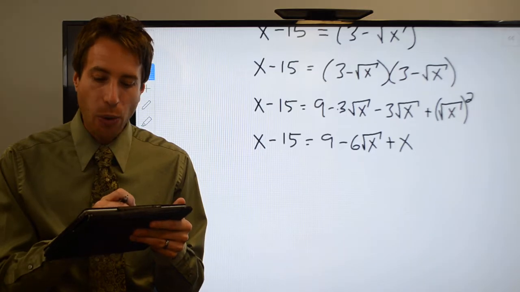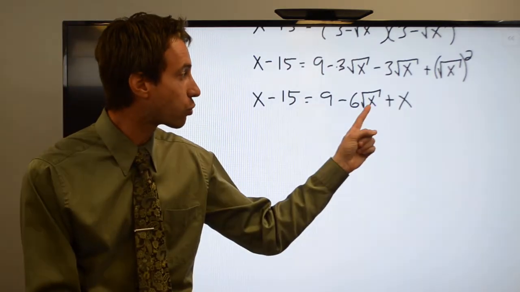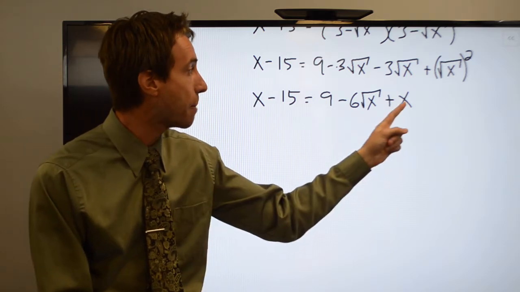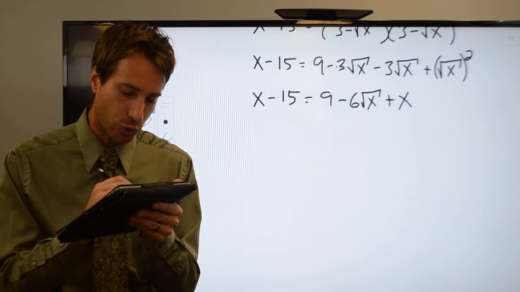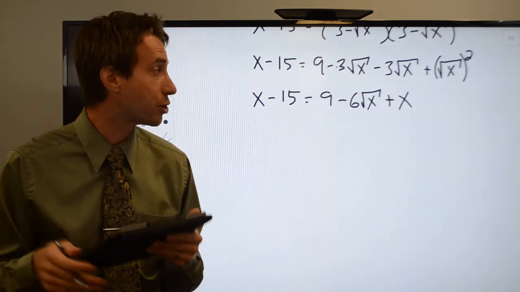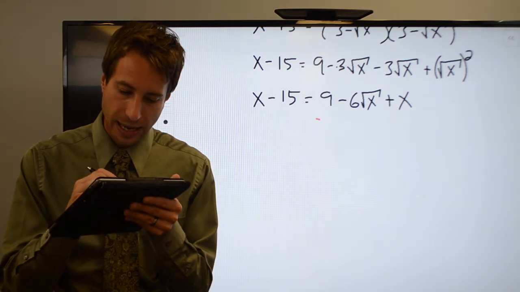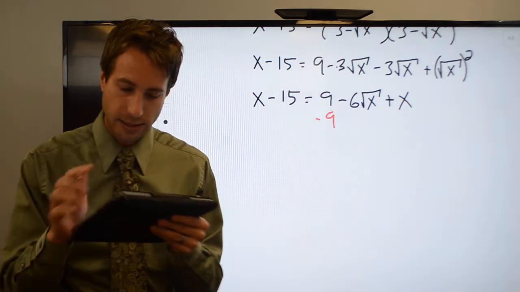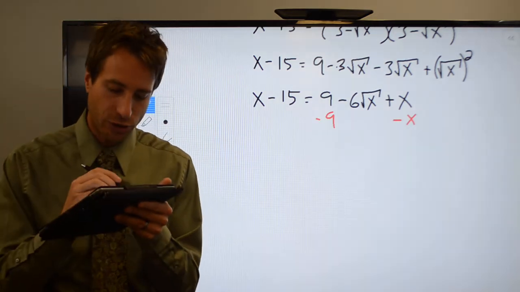Okay, well, now what I need to do again is I'm trying to solve for x, so I need to get this radical by itself, and I'll do that by subtracting x to the other side. Actually, I'm going to do 2 things at the same time, because this is Algebra 2, and I think you guys can do it. I have a plus 9, so I will subtract 9. I have a plus x, so I will subtract x. But algebra says whatever you do to one side, you have to do to both sides.